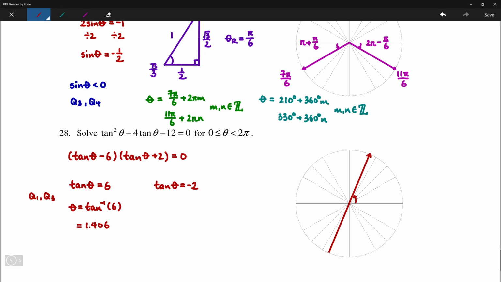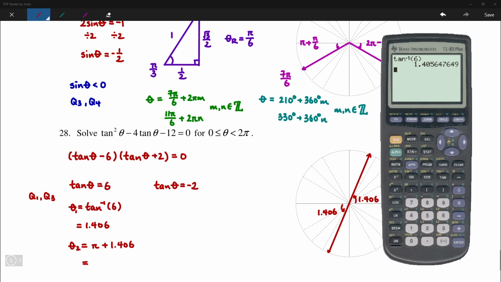So this would be 1.406. And then our second solution will be pi plus 1.406, which will give us 4.547.